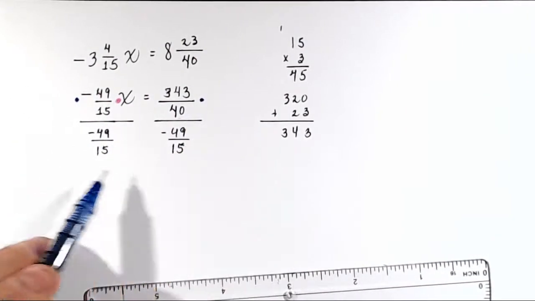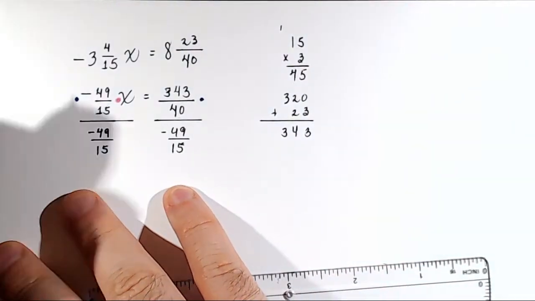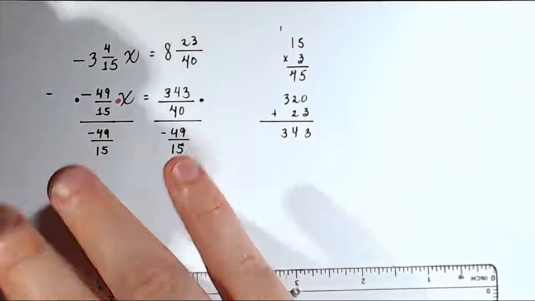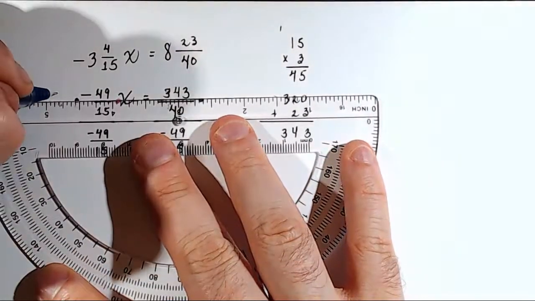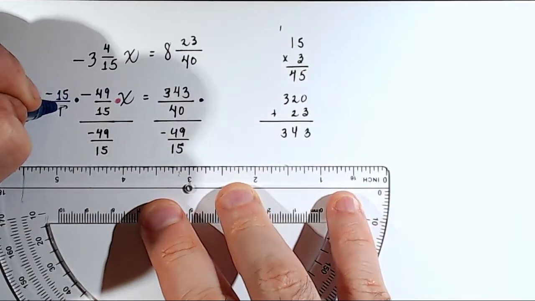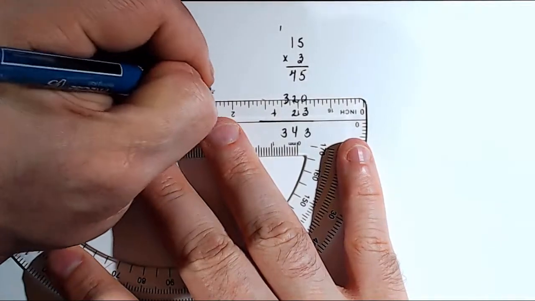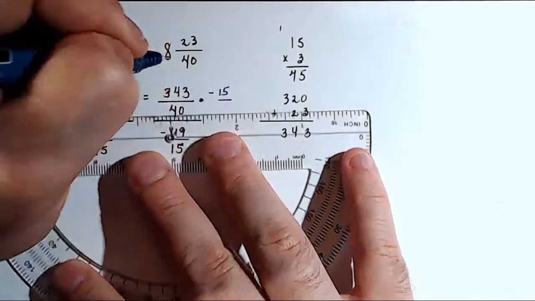So the effective calculation when we divide out negative 49/15ths is to multiply both sides by negative 15 over 49.